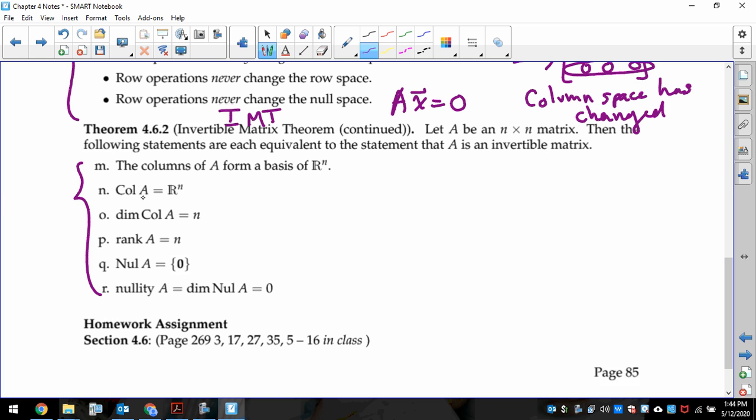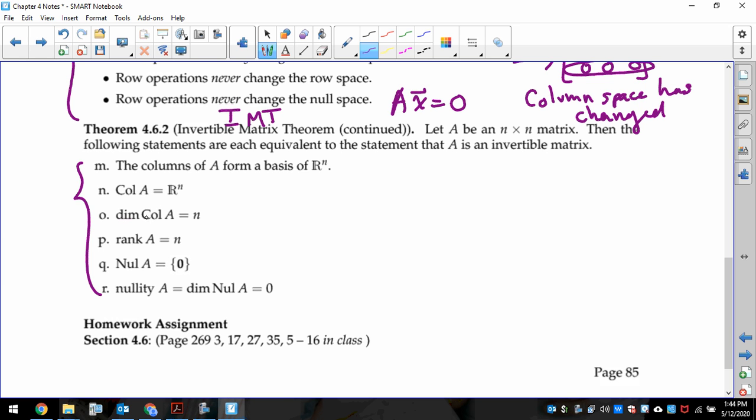The column space is equal to Rn. So if you take the span of the columns, you end up getting all of Rn because each of the columns is linearly independent. That's because the matrix is invertible. The dimension of the column space is the total number of columns. So every column is linearly independent, which means that, remember, we learned what the dimension was last time.